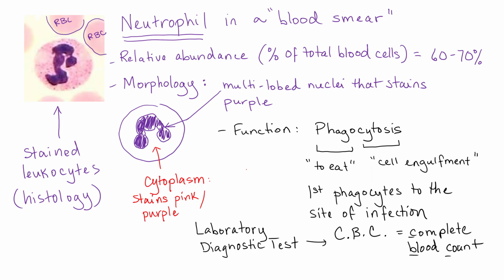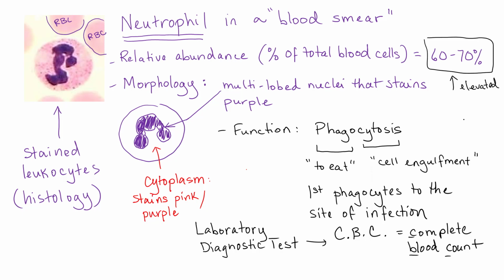And so you can imagine that if your patient had an active infection somewhere in the body and you took a blood sample, this 60 to 70%, which represents normal range in the body, if that is elevated, so if it's elevated to be greater than that number, which already is a pretty high number because there's a lot of these guys just in circulation throughout your blood, just waiting for infections and clearing infections constantly.